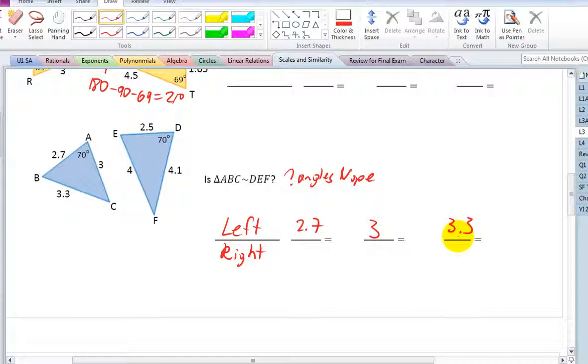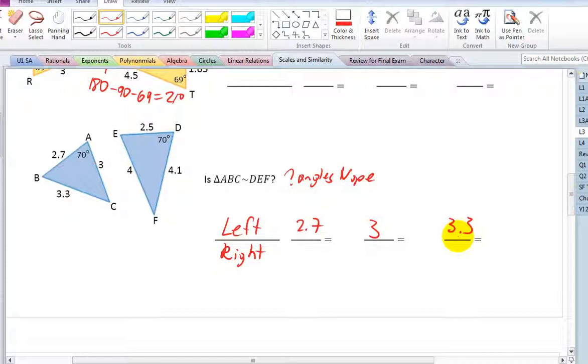You guys want a hint? Look at the sizes, please. 2.7 is the smallest. So why does it have to line up with 2.5?